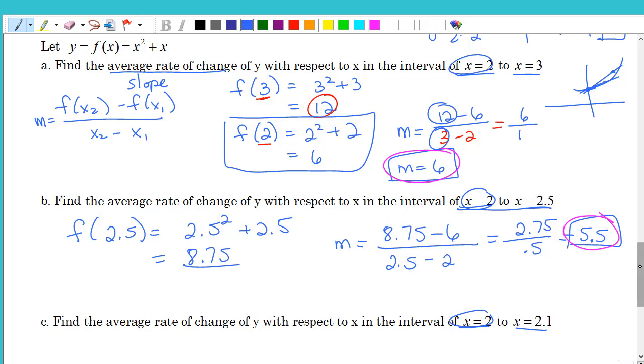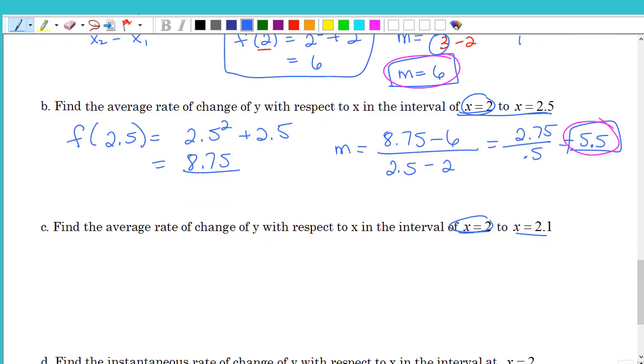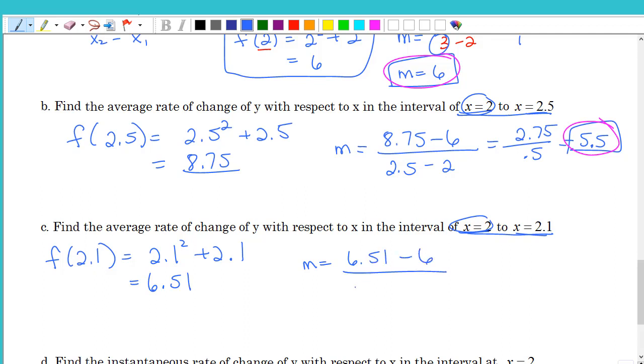Now we're going to say, well, let's make it even closer. Let's go to 2.1. So my function evaluated at 2.1, again using my calculator, I get 6.51. So 6.51 minus the 6 over 2.1 minus 2. Replacing those values, I have 0.51 divided by 0.1, which is 5.1.